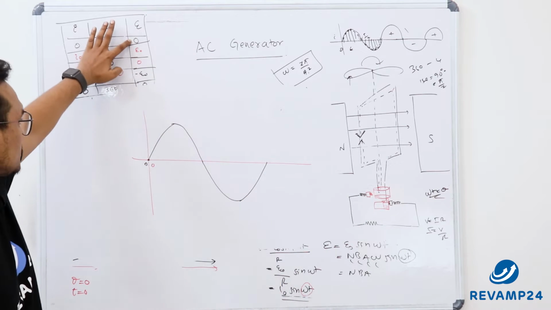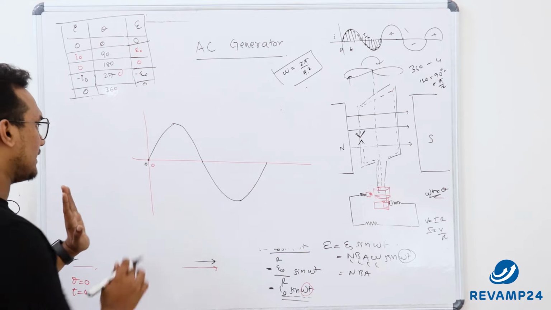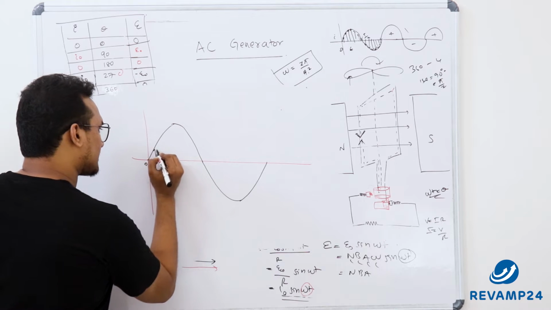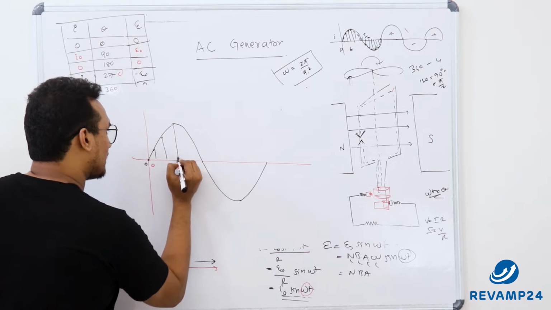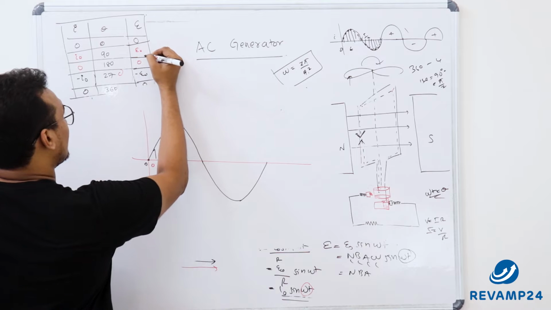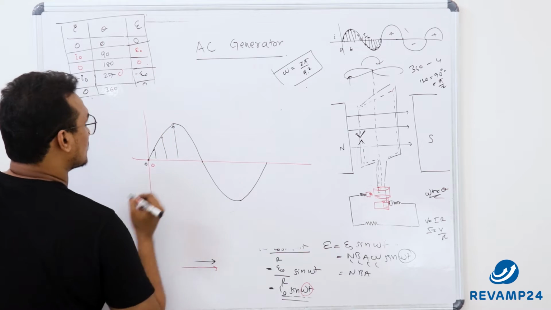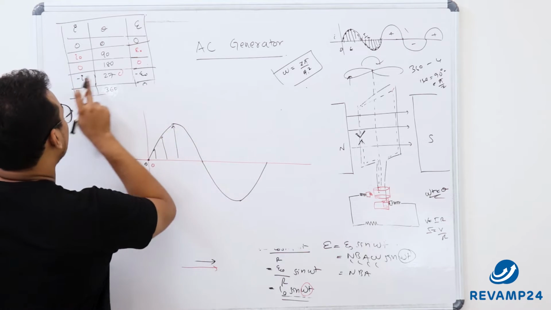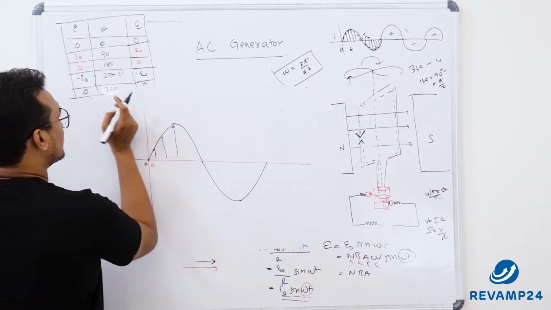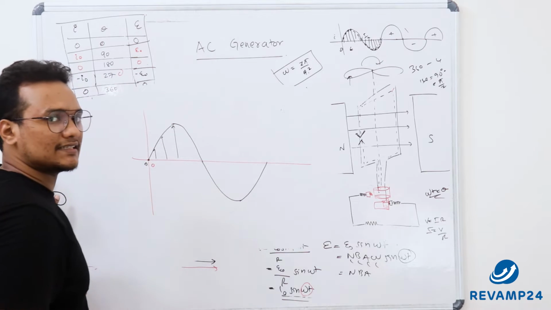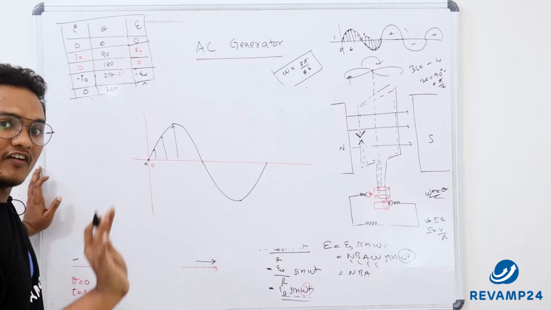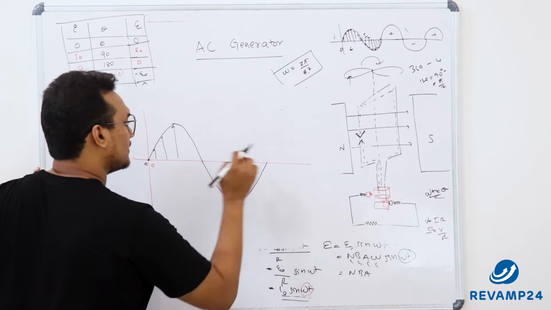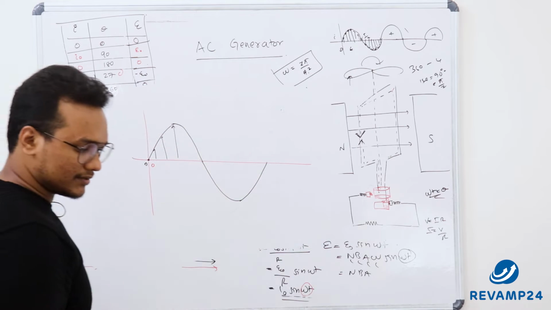Started from 0, it gradually increases in one direction and becomes maximum. Then from 90 to 180 it goes from maximum to 0. From 180 to 270 it increases from 0 to the maximum value, but in the reverse direction. At 360 the value is 0.